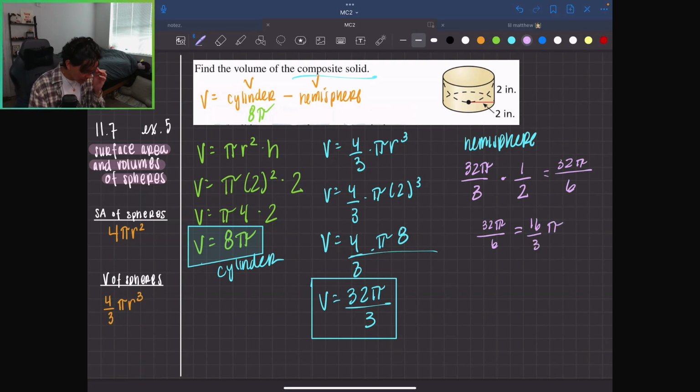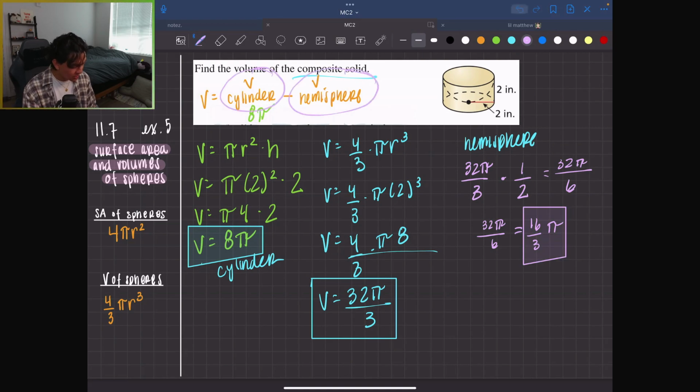Awesome. Now all that we have to do is get the volume of the cylinder minus the volume of our hemisphere. This 16 over 3 pi is the volume of our hemisphere. So let's subtract these: 8 pi minus 16 thirds pi.